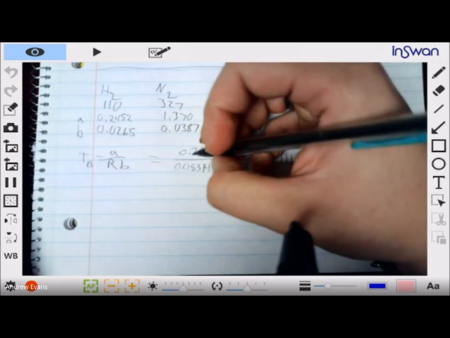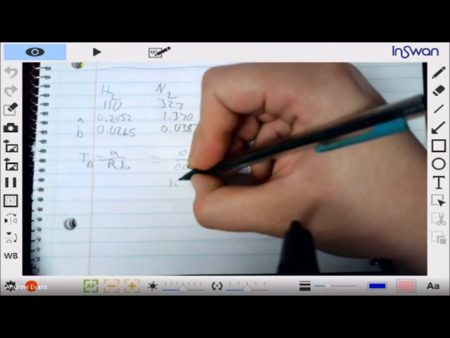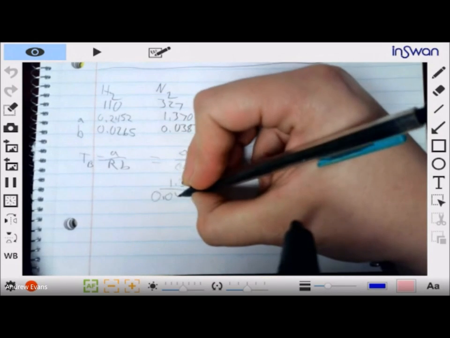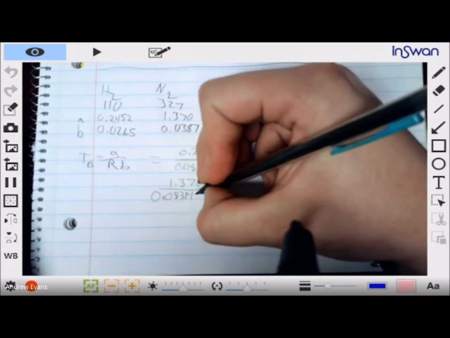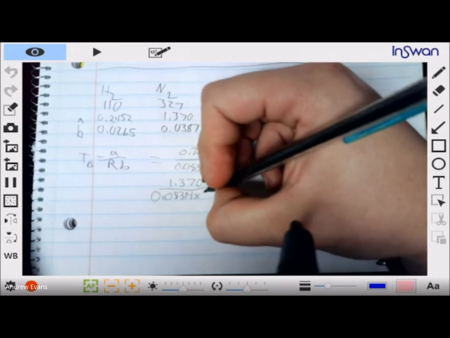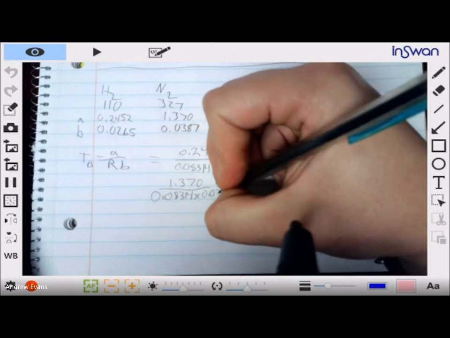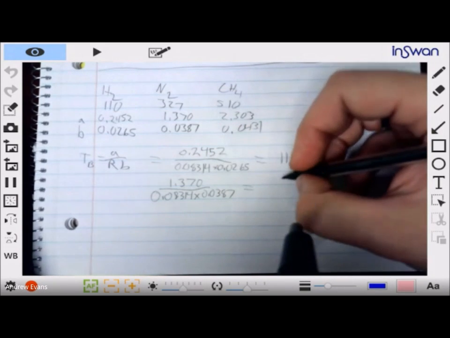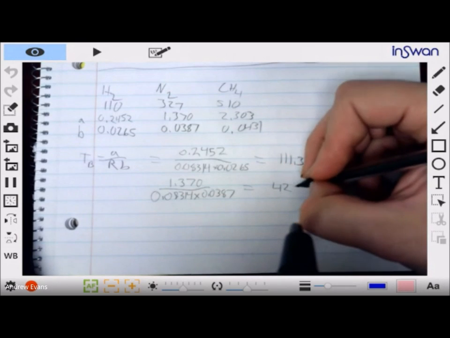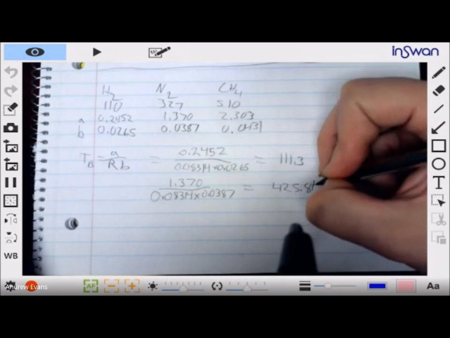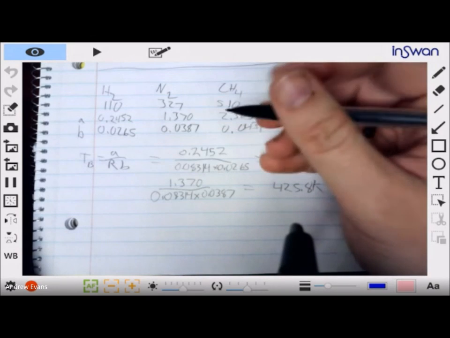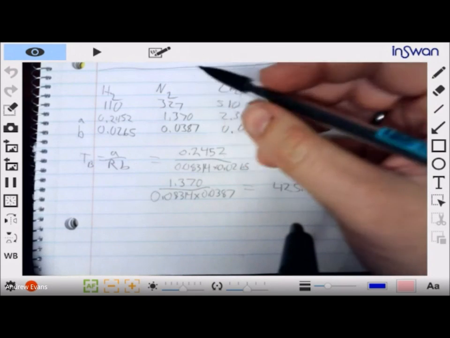Nitrogen gives us 1.370 divided by 0.08314 times our 0.0387. If you calculate that, you get 425.8 Kelvin, which is actually significantly larger than the boil temperature.